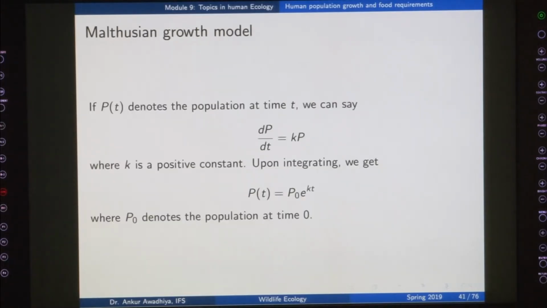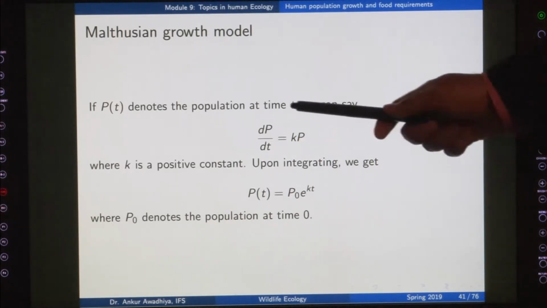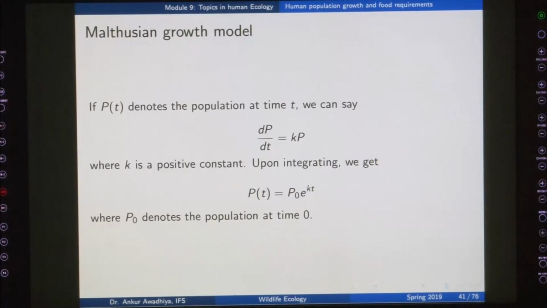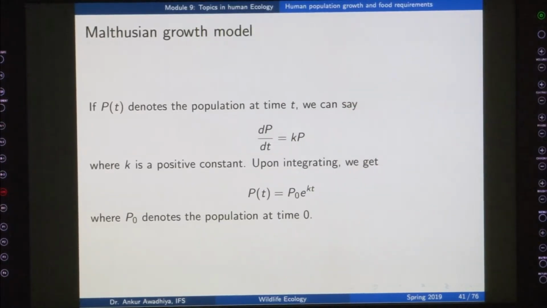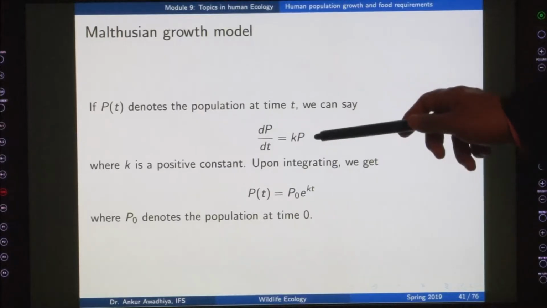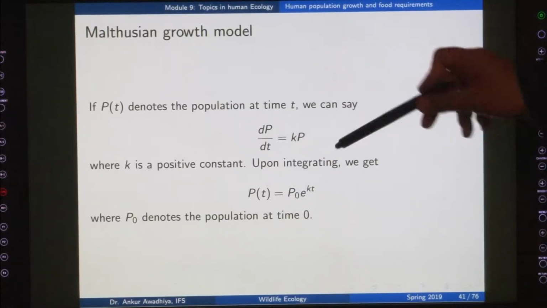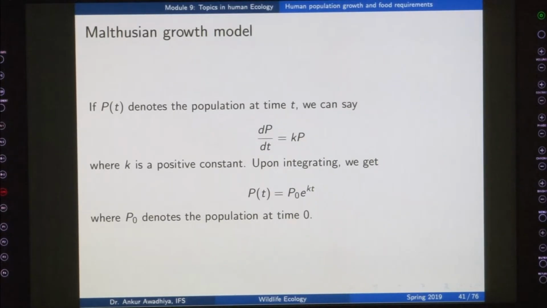Now, if we put the Malthusian theory in terms of mathematics, we can say that if P(t) denotes the population at a time t, then dP/dt, that is the rate of increase of the population, is equal to k times P, where k is a constant and P is the population.